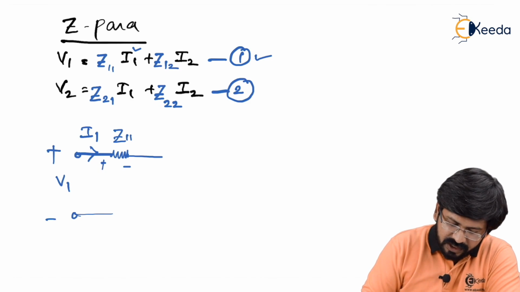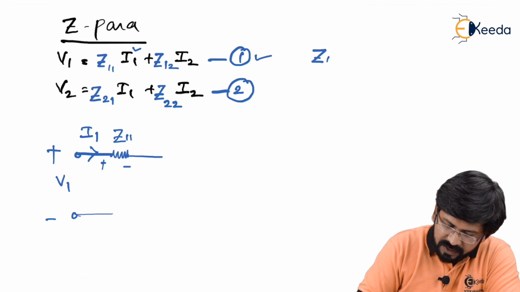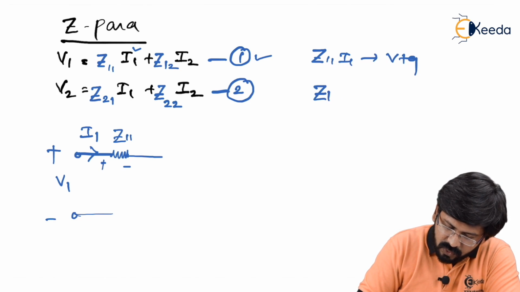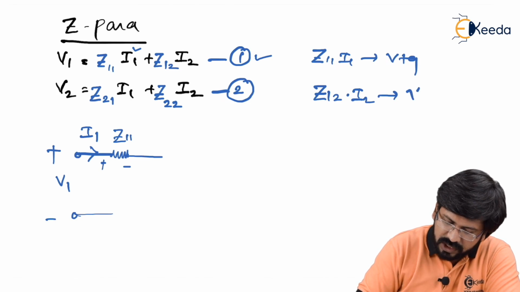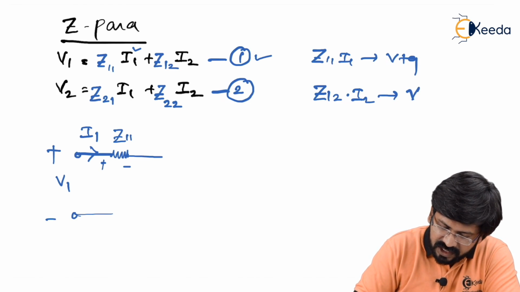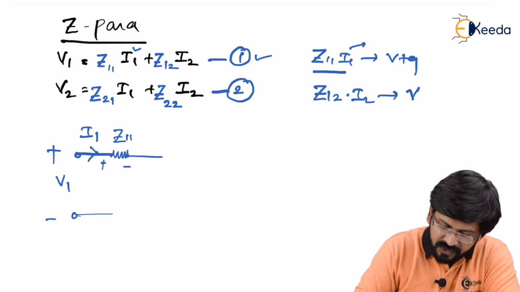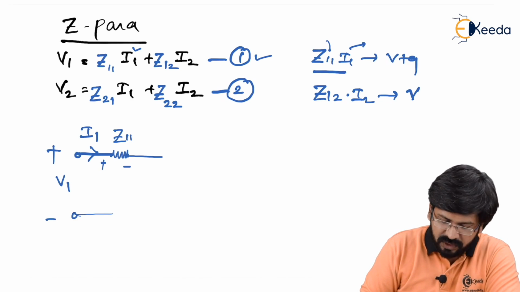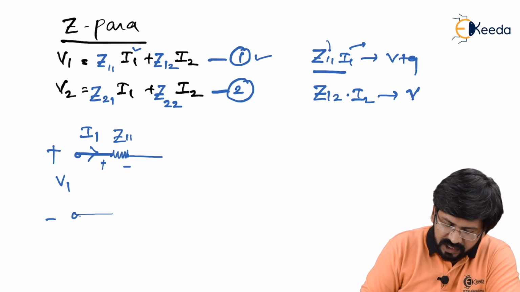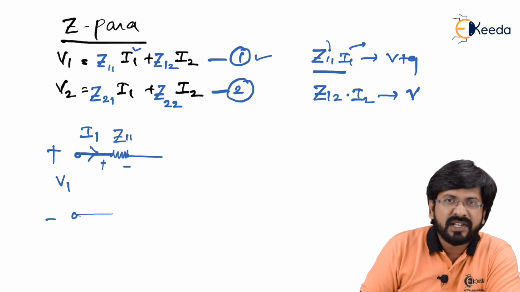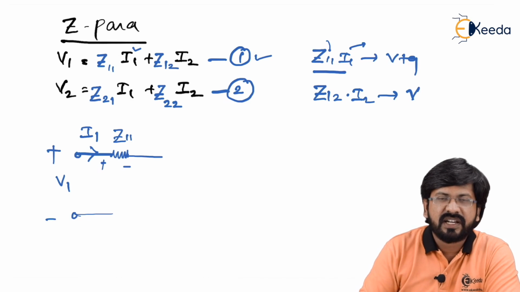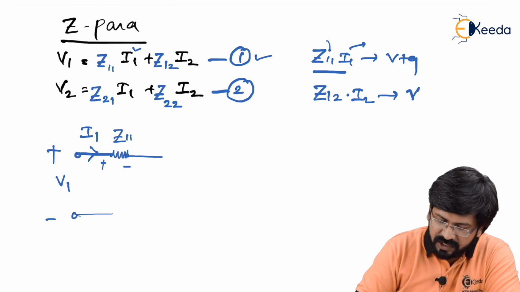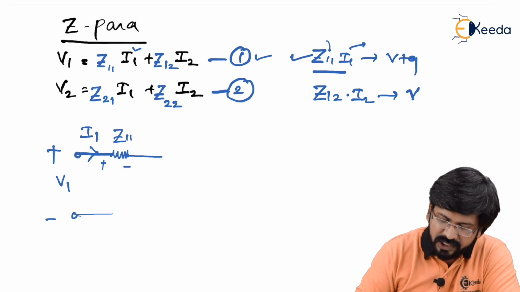Now check it out. When I say Z11 times I1 is a voltage, it means Z12 times I2 also has to be a voltage. When this is a current, then Z is of course an impedance. So current into impedance is what I have shown in the modeling. Z11 is shown as an impedance having unit ohms. I1 is the current flowing through it, and that's the reason the voltage drop across it is I1 times Z11. So this is how we have simulated it.